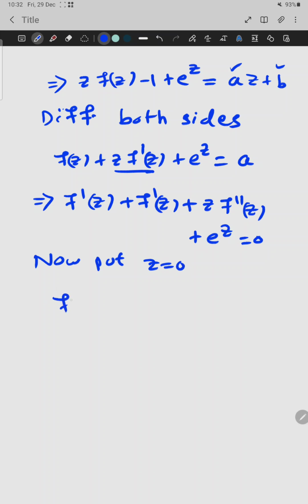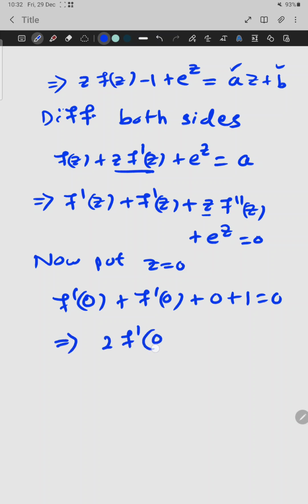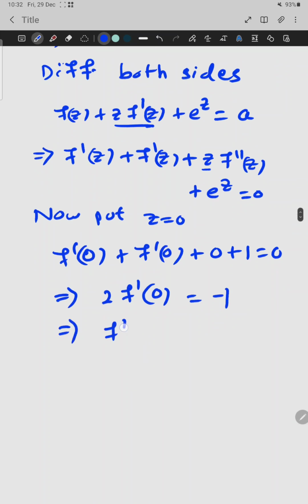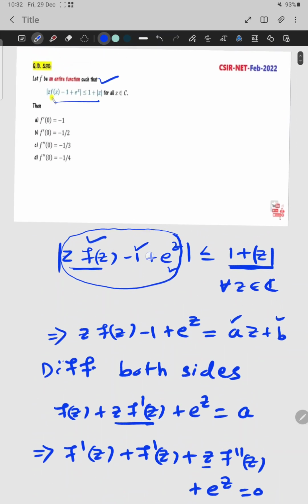It gives f'(0) + f'(0), plus this term will vanish because z equals 0, plus e^0 equal to 1. This means 2 f'(0) equal to minus 1. So f'(0) equals minus 1 by 2.